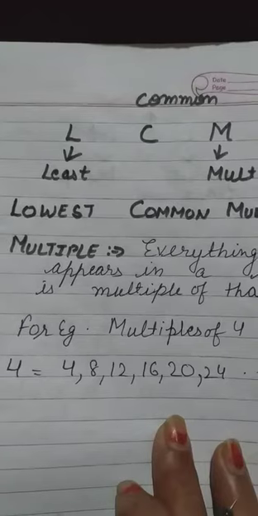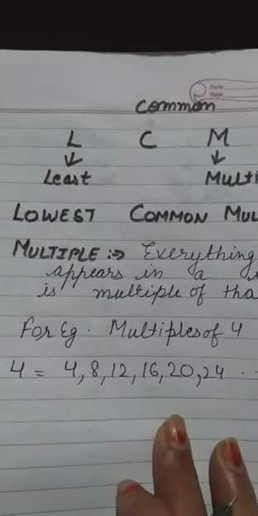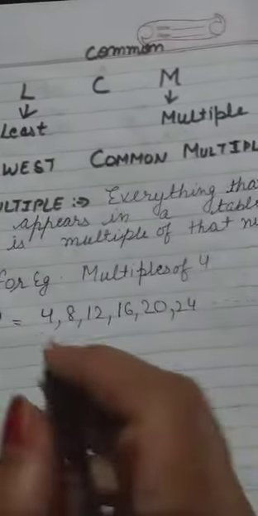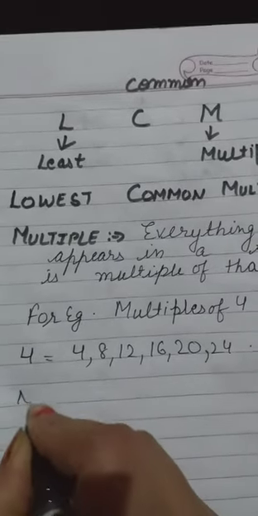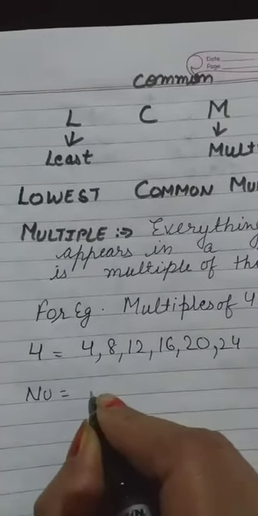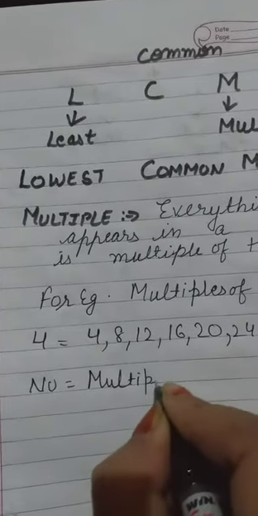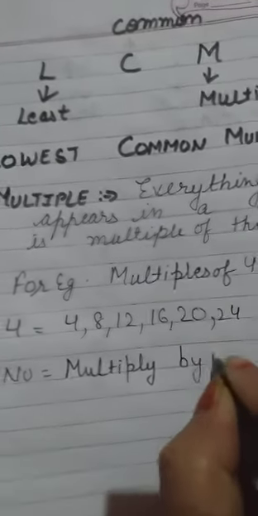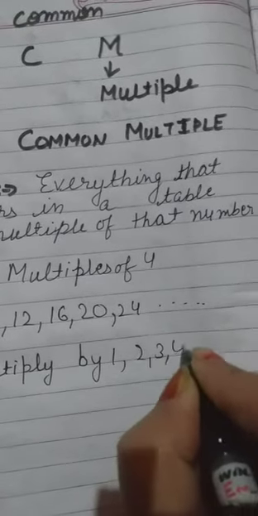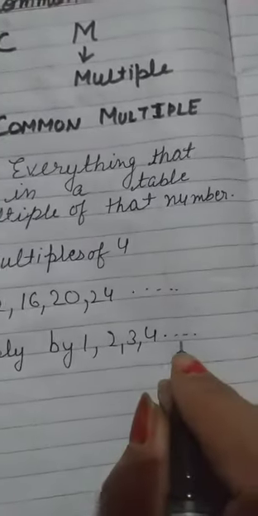So to find a multiple of any number, we have to multiply the number by 1, 2, 3, 4 and so on.